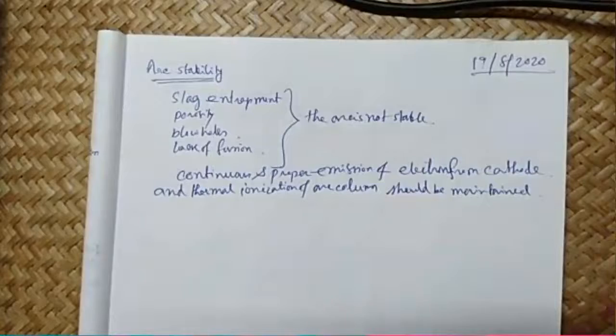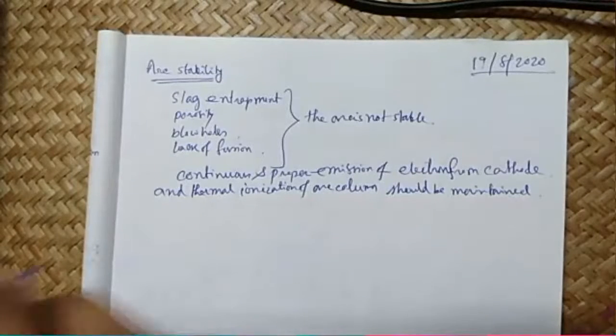Okay. Now, what can we do for that? We have to use proper flux coating on the electrode with arc stabilizing elements, which can help in getting a stable arc. In our previous classes we have discussed which elements in the flux can help provide a better arc.